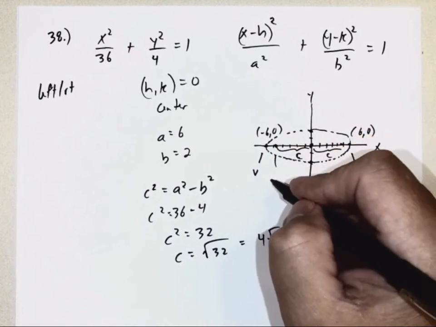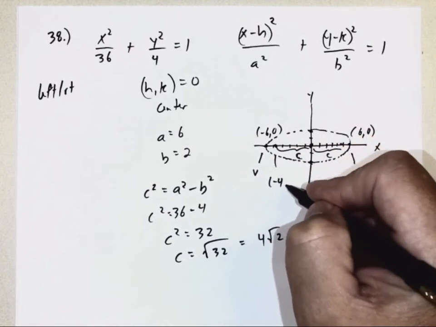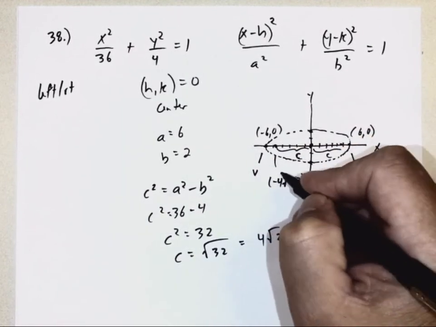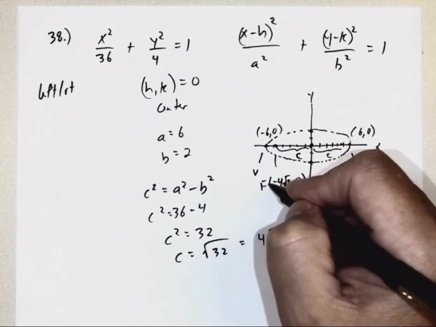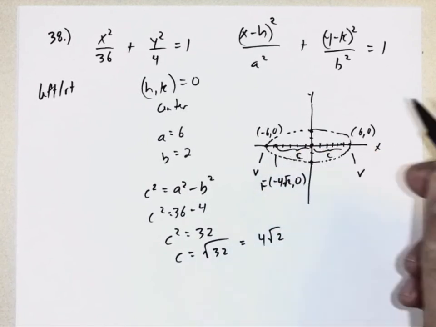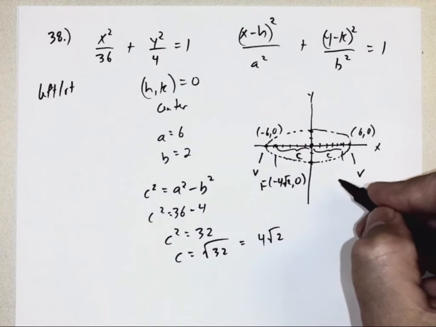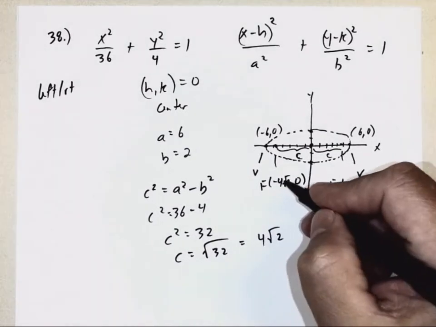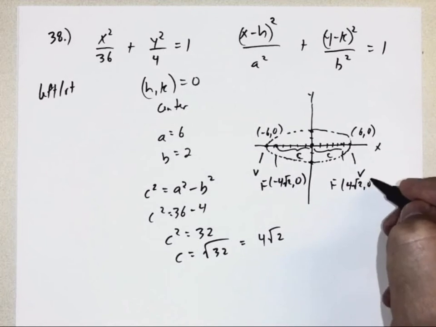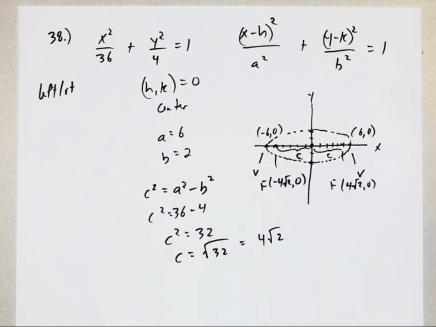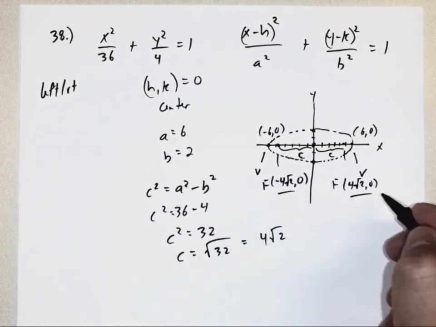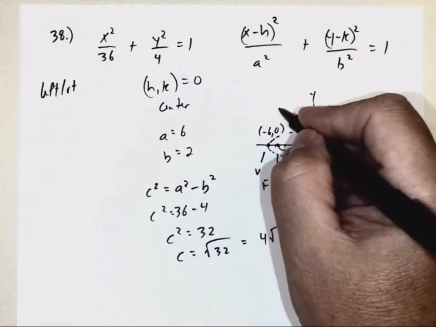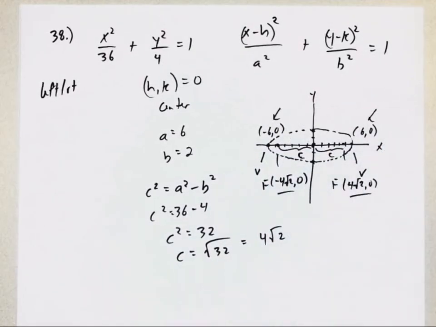This point right here, that foci is negative 4 square root of 2, 0. And this one's 4 square root of 2, 0. So there's your two foci. There's the two vertices, and there's the graph.